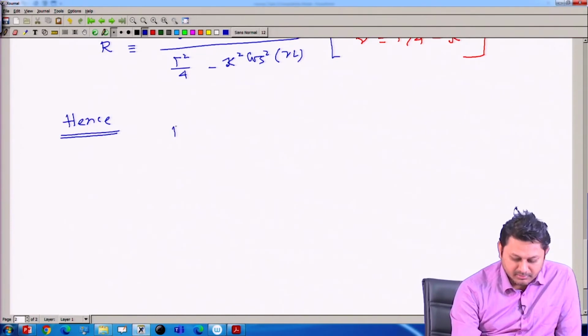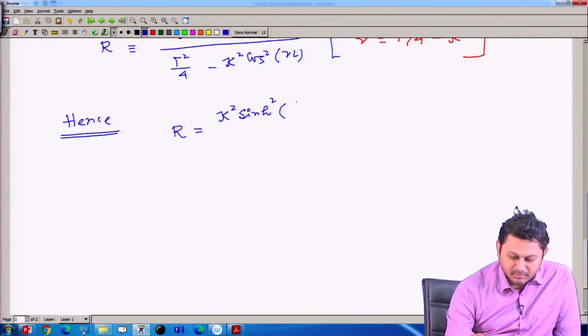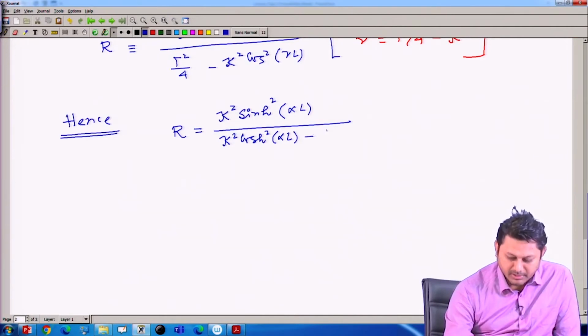Hence R, the reflectivity, is kappa square sine hyperbolic square alpha L divided by kappa square cos hyperbolic square alpha L minus gamma square by 4.